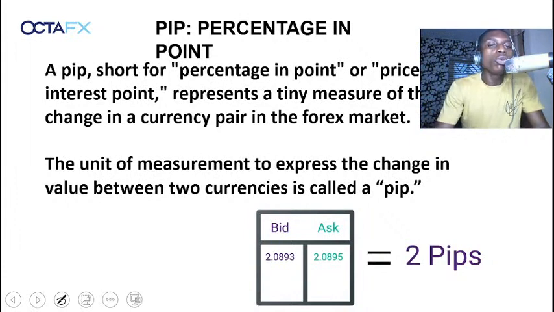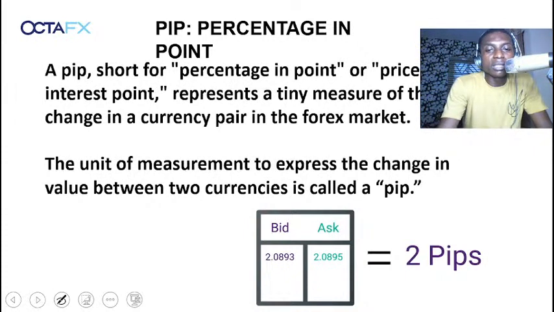So how do you measure that the value of this currency has gone lower than this other currency? That factor we use in measuring the change in value of currency pairs is pips.